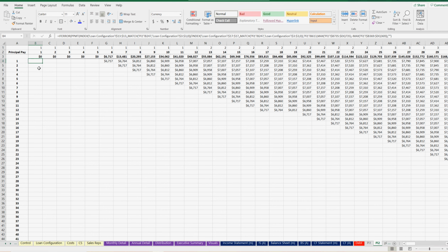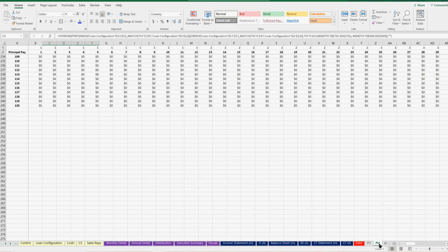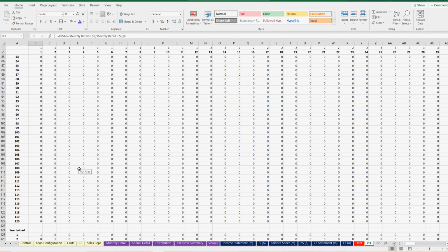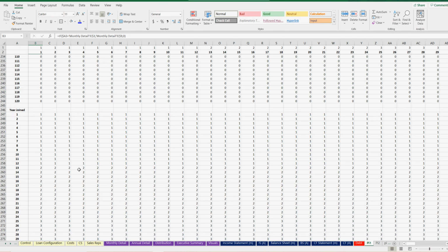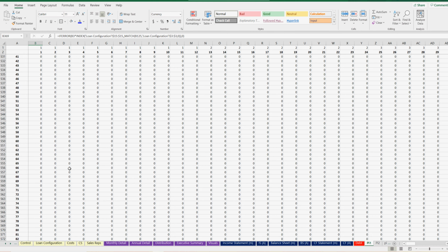You can see here's where there's an interest only period, so there's no principal paid back for the first 4 months of the loan. If you go to this one, PI1, you can see the borrowed amount is here, so that's the amount that the lending business or lender has lent out.